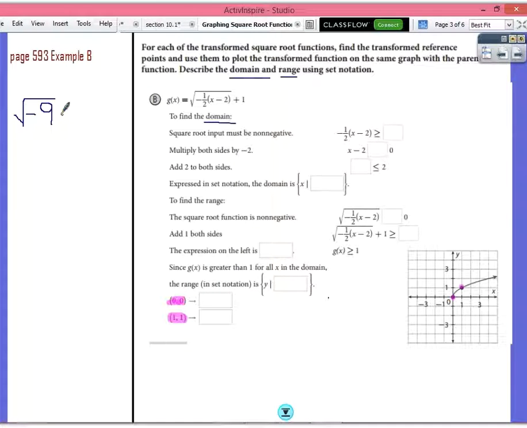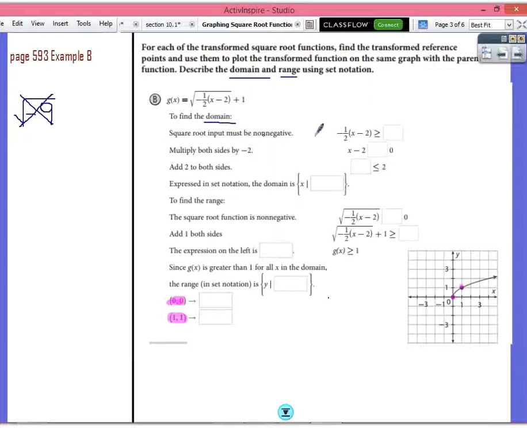You say, well, wait a minute, what about negative 3? Well, negative 3 times negative 3 is positive 9, not negative 9. So if you were to try to type something like that in the calculator, you're going to get an error, a non-real answer type of an error.